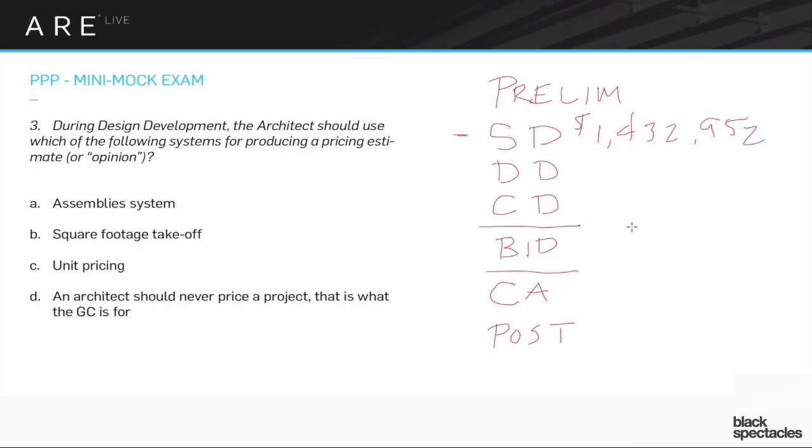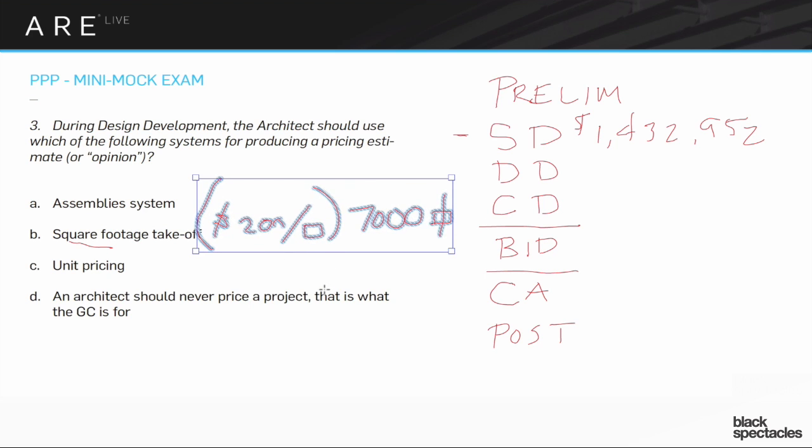What's way more likely for schematic design is that you're going to use a square footage number. You're going to say, I think this is going to be roughly $200 per square foot, and we think the building is going to be about 7,000 square feet. That equals roughly 1.4 million.